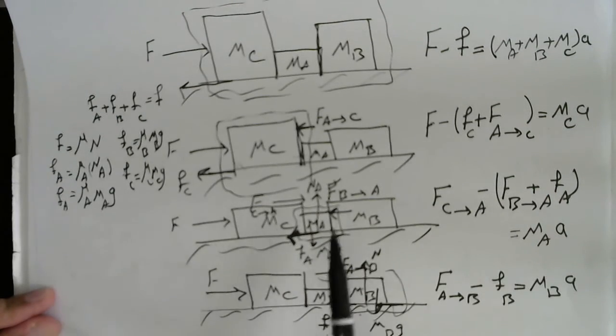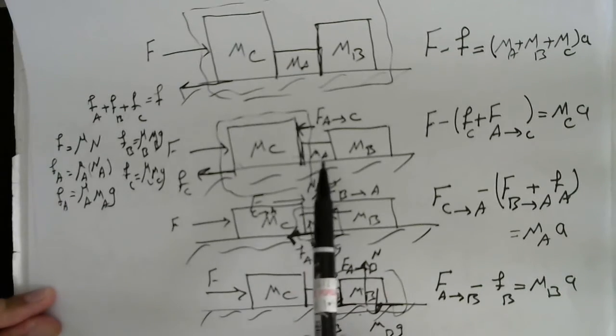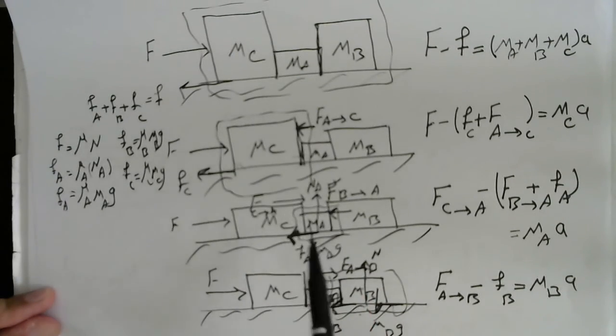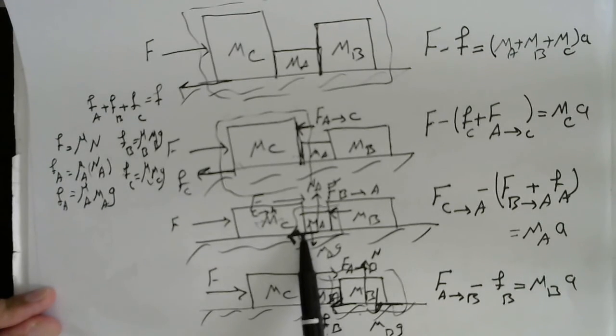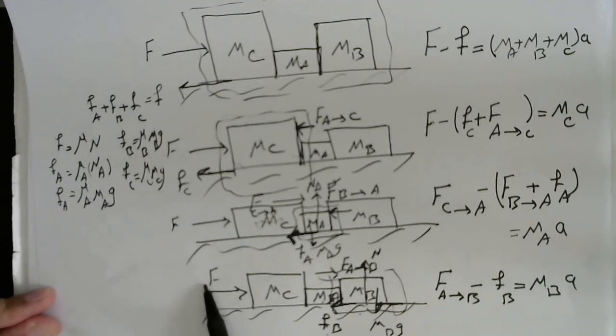And therefore, when you reach here, part of the force F, which is F C to A basically, is the part that will move A, for example. Or when you reach B, part of the F is spent on moving C and A, but the rest will remain for B to move it forward.